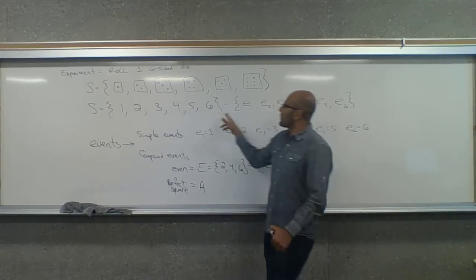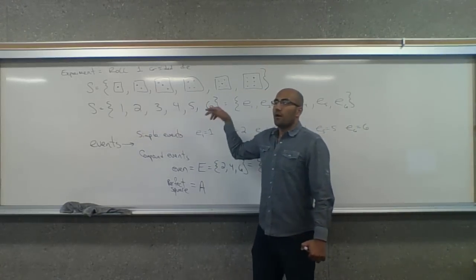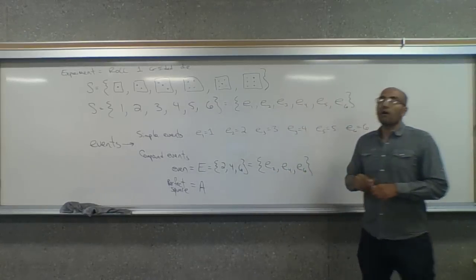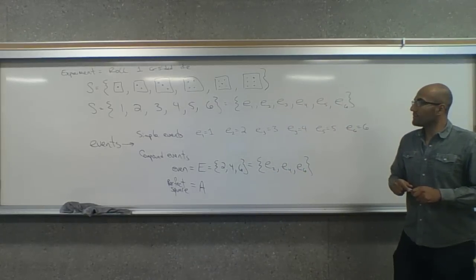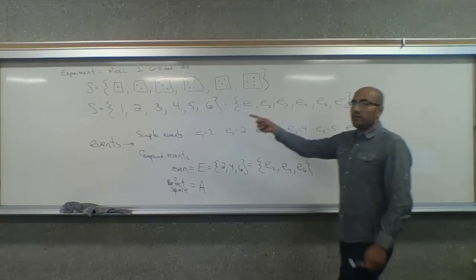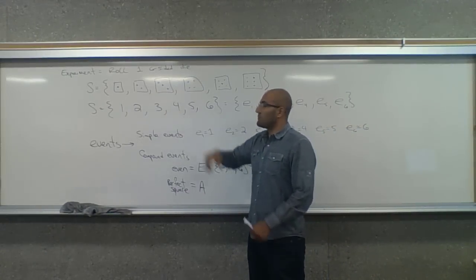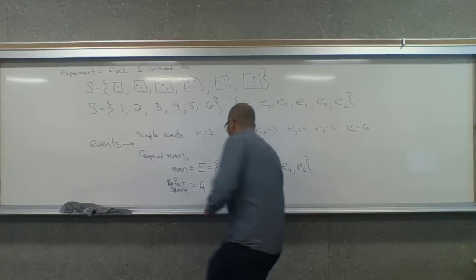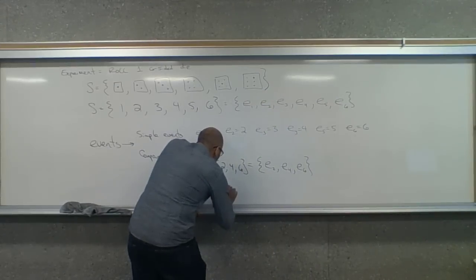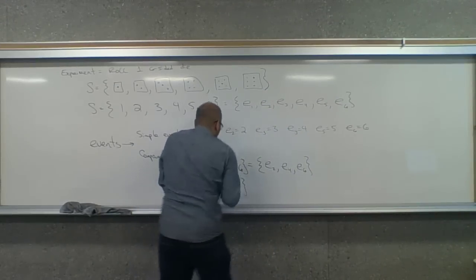So of these numbers, which ones are a perfect square? Right? So the square root of 4 is 2 and the square root of 1 is 1. So 1 and 4.